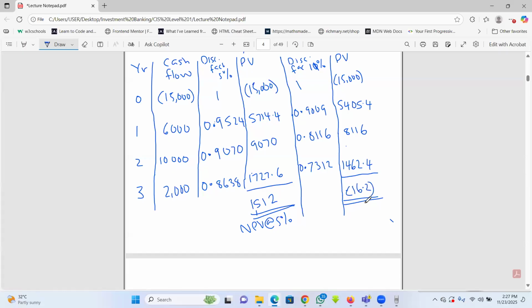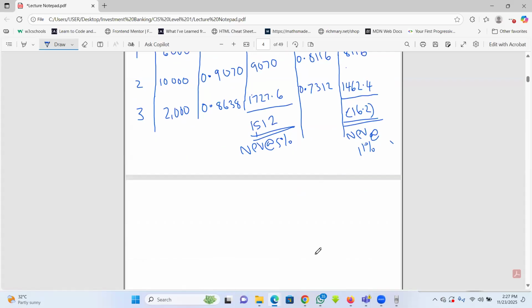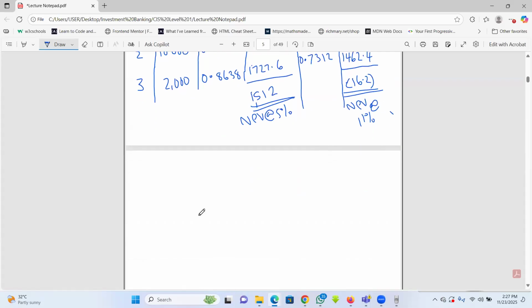Now, can you see it? Here we had a positive NPV at 5%. Here we are having a negative NPV at 11%. Those are the ingredients we need using the interpolation method. So what is the formula again to get your IRR using this interpolation method?